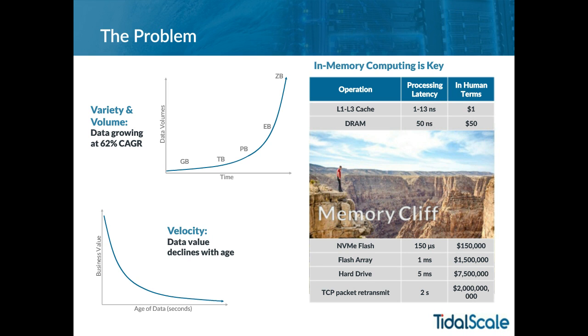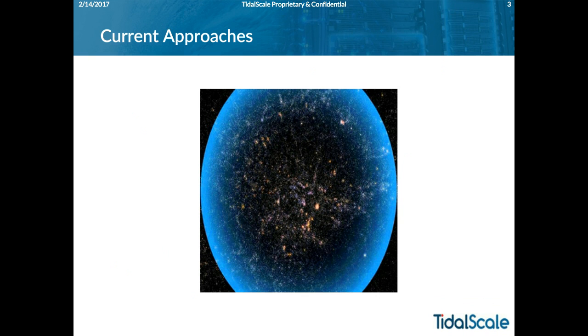That's the point of the dollar amounts on the right. Basically trying to relate that, when you're going up 2, 3 orders of magnitude, we kind of miss that change from nanoseconds to microseconds and then microseconds to milliseconds. So at TidalScale, we've called that the memory cliff. And what we're working to address and help data scientists address is get everything into memory so that your analysis is as fast as possible.